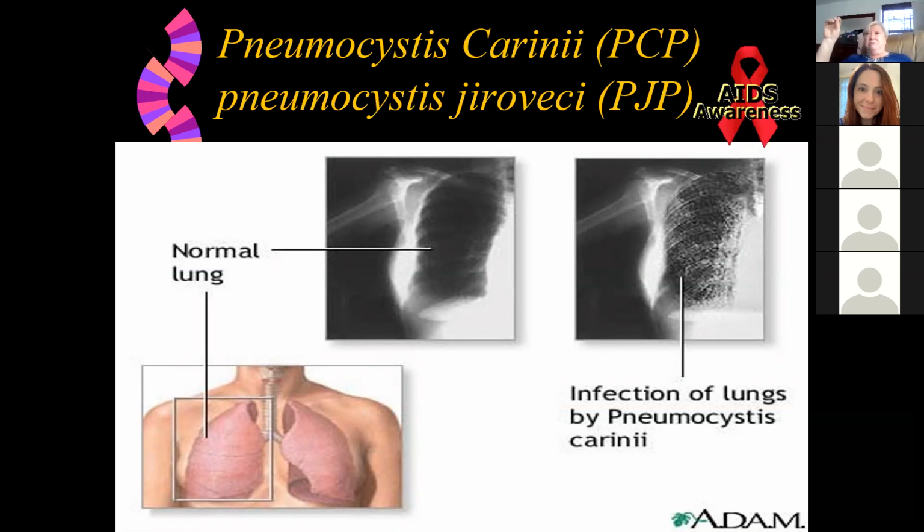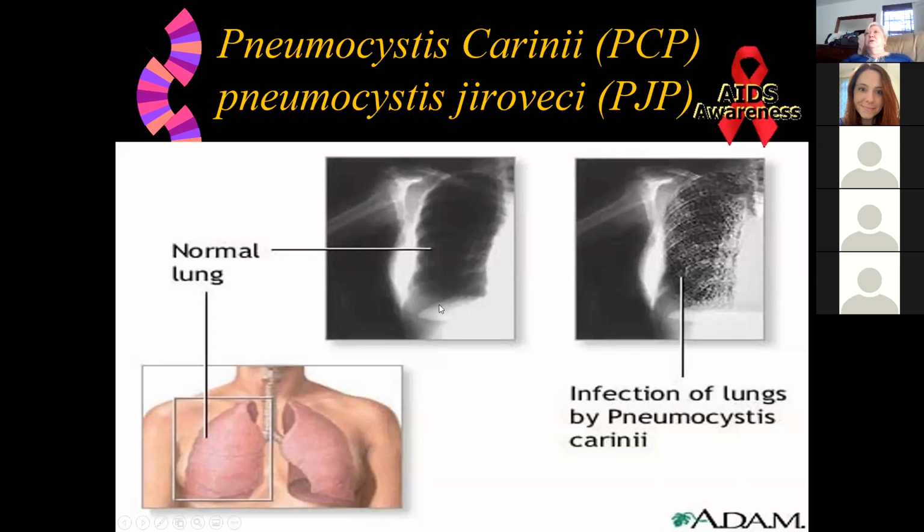We call it PCP pneumonia for pneumocystis carinii or PJP pneumonia for jirovecii. They're the same thing. They were just named two different things, okay? And they are very common. Many patients come in with that.